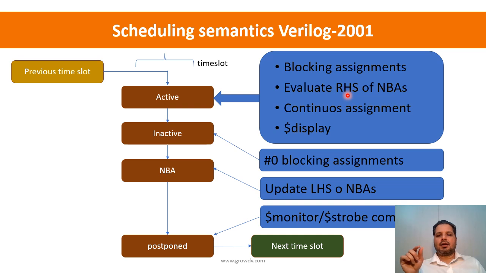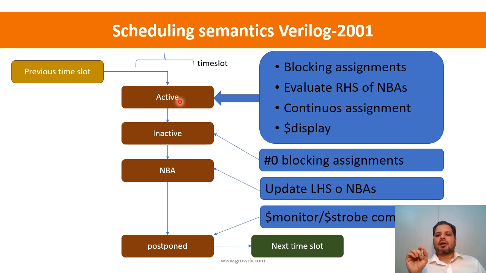If I have A less than or equal to B plus C, the RHS is B plus C. The B plus C will be evaluated in the active region, but note that it will not be assigned to A. Only the evaluation will happen in the active region. Then any continuous assignment statement will be executed in the active region, and your $display will be executed in the active region.